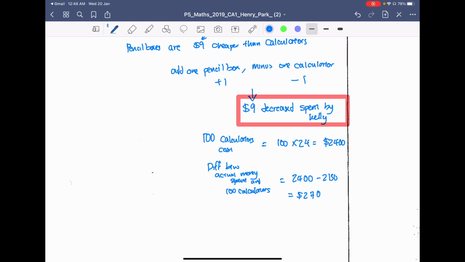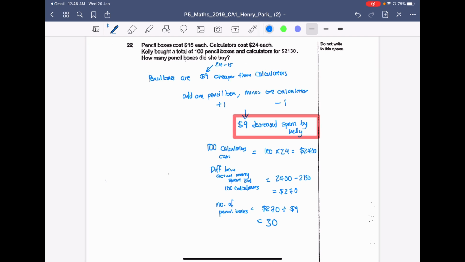So in short, the number of pencil boxes equals 270 divided by $9, which equals 30. So if we decrease the number of calculators by 30, we will increase the number of pencil boxes by 30, and this will decrease the total spending by $270, which is what we are finding for. So the number of pencil boxes bought is 30.